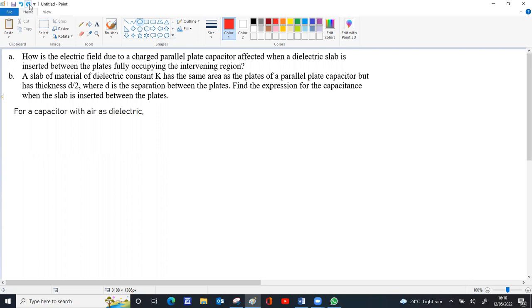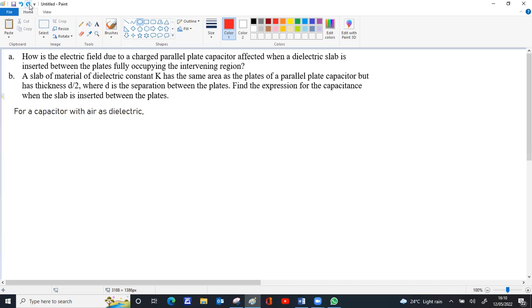For a capacitor with air between the plates, there are two plates. Each plate can be considered as a thin sheet. Electric field intensity due to a thin sheet is sigma by 2 epsilon 0. There's a negative plate also.